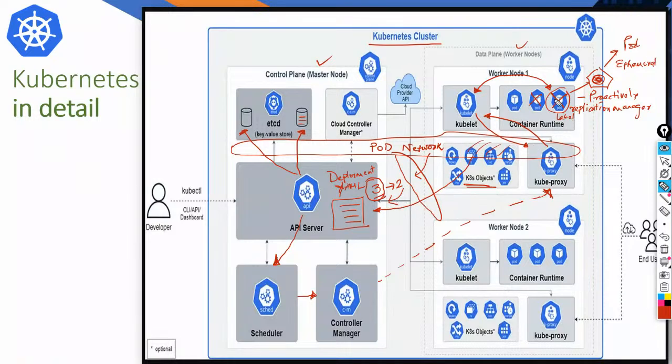So what it did, it replaced the faulty or unhealthy pod. It will take it down and create another pod with the same application. What is a replica? A replica is nothing but a clone.